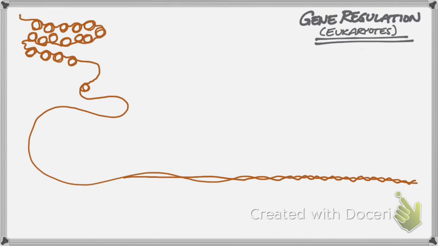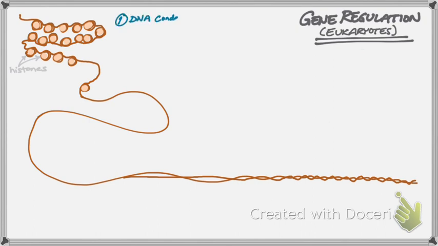Now, when it comes to regulating the genes, keeping them on or off or turning them on or off, the first and most important step is which genes do you even have accessible to you per cell. And this is determined in many ways by proteins called histones and how they're modified.